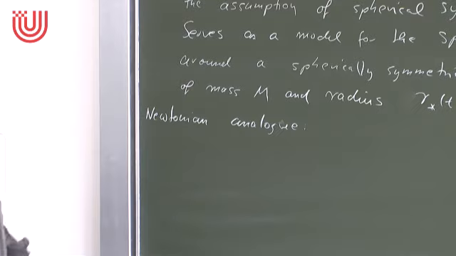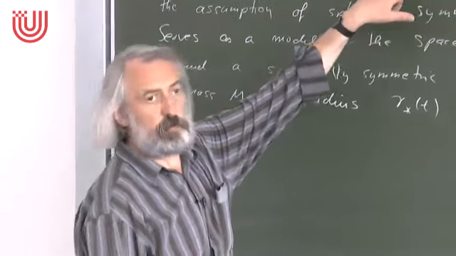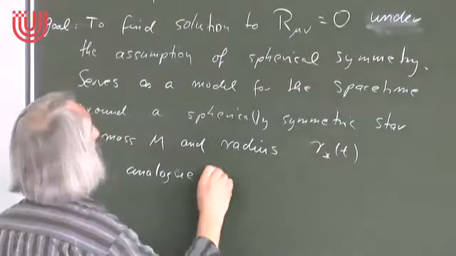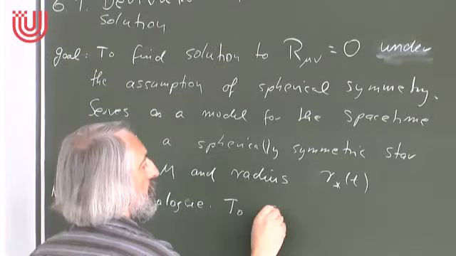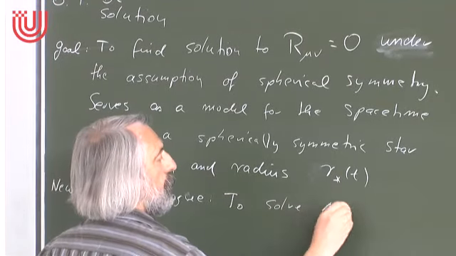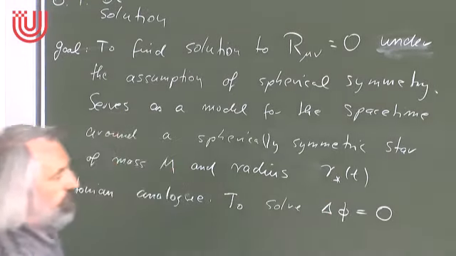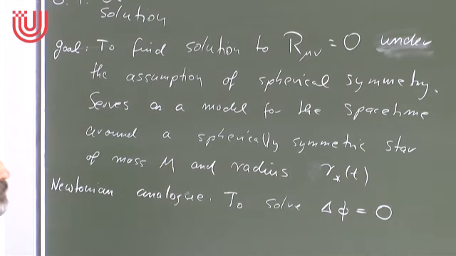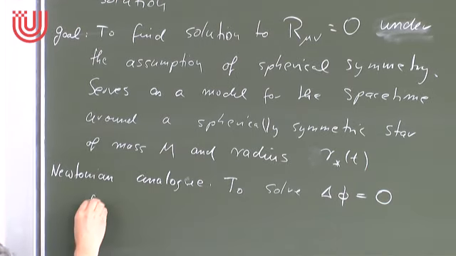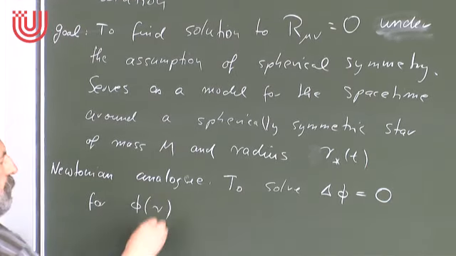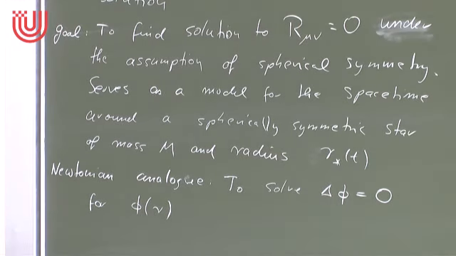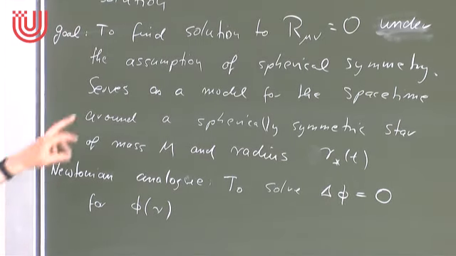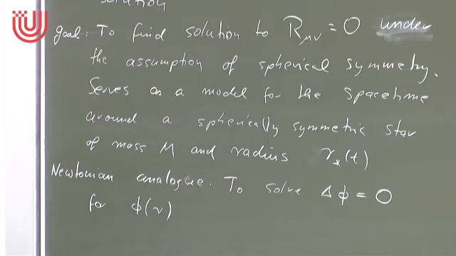It would of course be to solve the Laplace equation. And because we are in the region outside of the star, we would have to solve this with a 0 on the right-hand side for a function phi which depends only on r. That's the assumption that we have spherical symmetry, right?